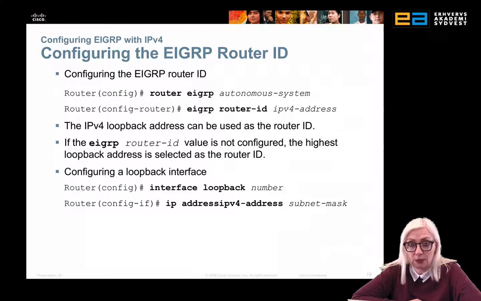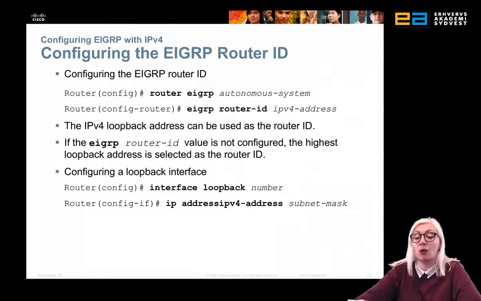If we don't do that, it will choose an IP address that's already configured, and it will use the highest overall loopback address that we have set, if we have set a loopback. If not, it will use the highest overall IP address as the router ID.